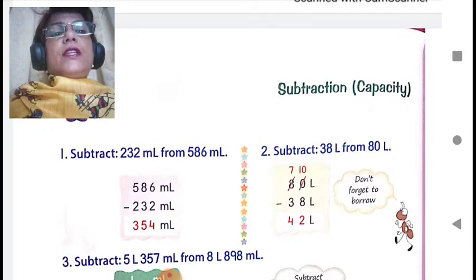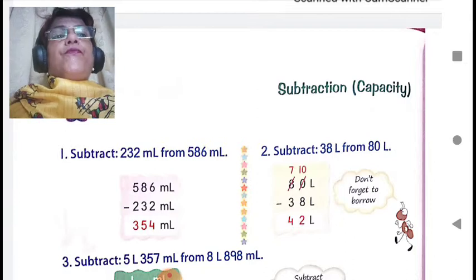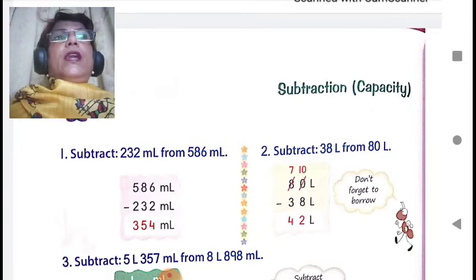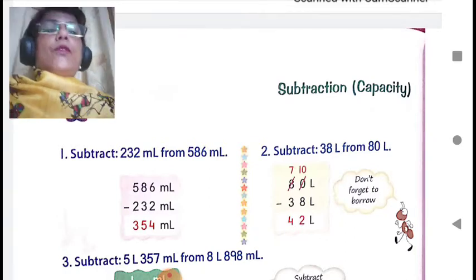The only difference is we are subtracting capacity here. We are not just subtracting numbers, we are subtracting capacity. Okay? So, today I will be explaining subtraction based on capacity.